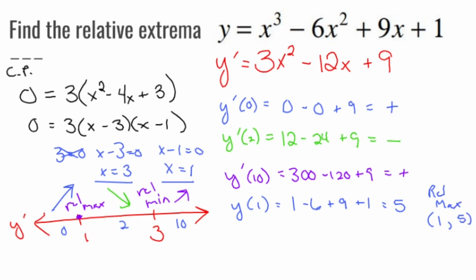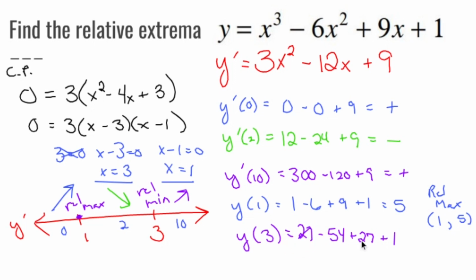Let's find out what my relative minimum is. All right, we'll plug in 3. So I have y of 3 is going to equal 3 times 3 times 3, 27, minus 6 times 9, so minus 54, plus 9 times 3, which is 27, plus 1.